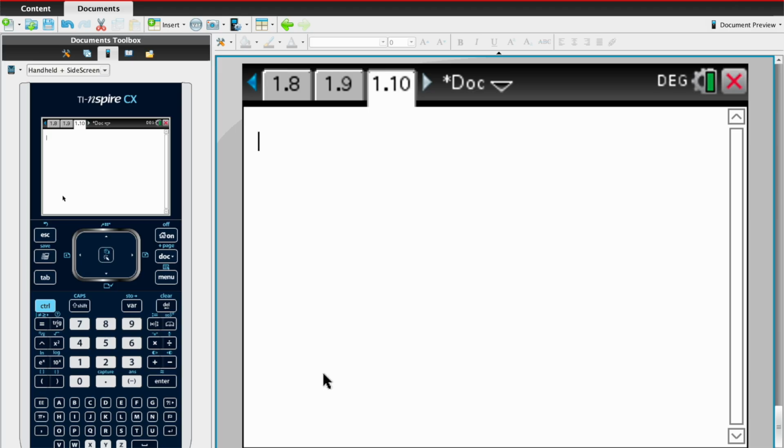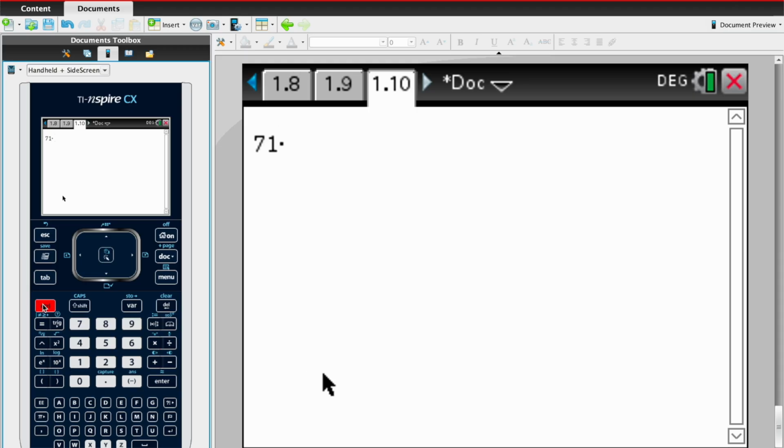Now we have 71 times e. So here's e right here. Oops, this is ln. There we go. e to the negative 0.0514 multiplied by 16 plus 23.